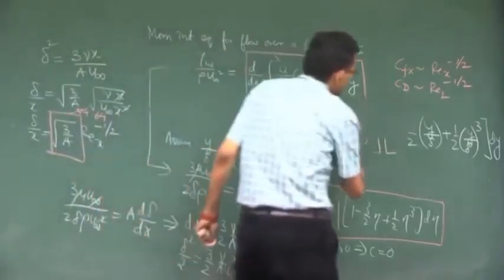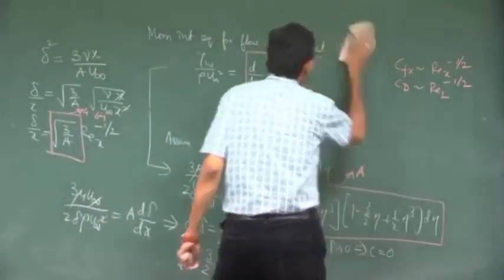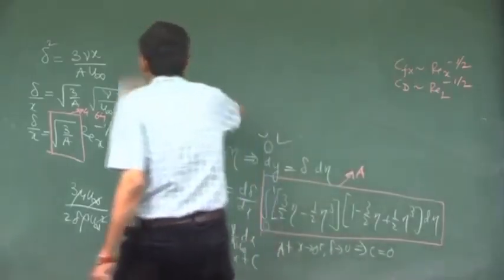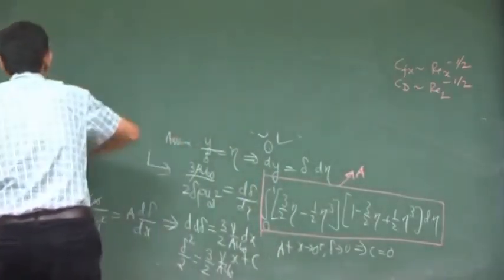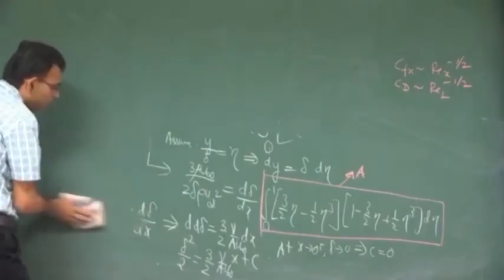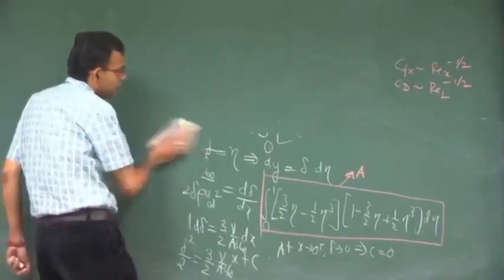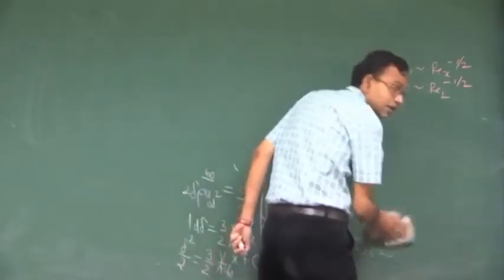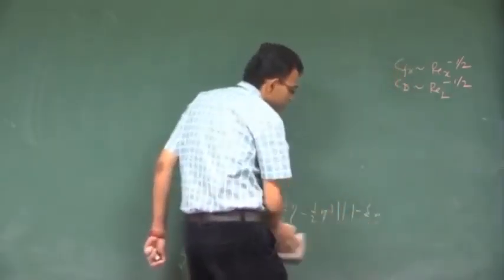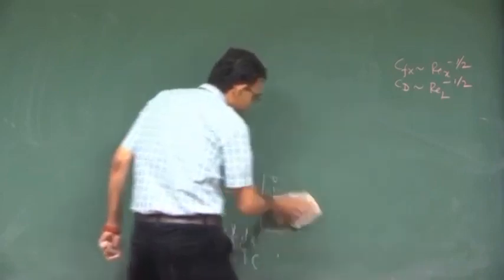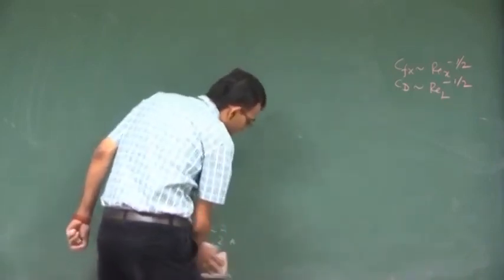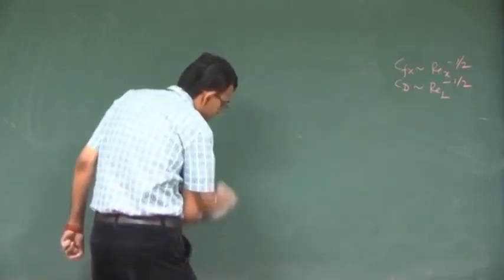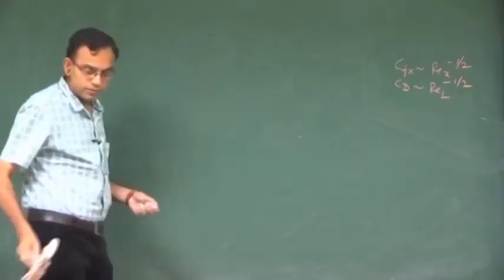The next topic that we will cover for the remaining time of this lecture is a very important concept, that so far we have discussed the growth of boundary layer without the presence of pressure gradient. But what happens if there is boundary layer in presence of pressure gradient?